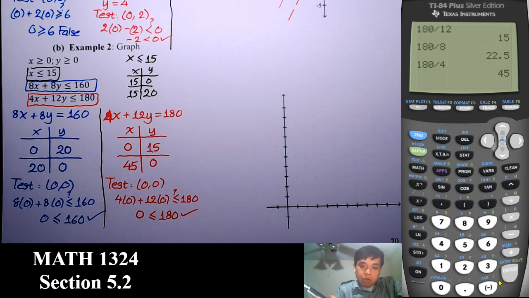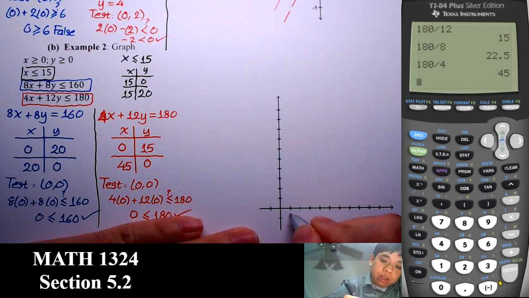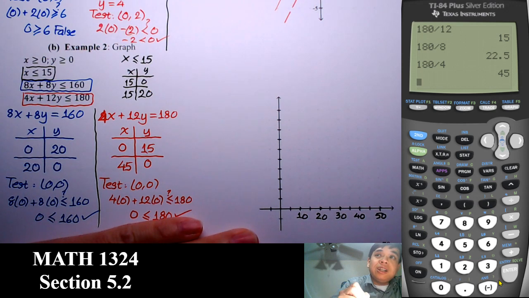Right. So in that case, we have 10 ticks on the horizontal, 10 on the vertical. So if we choose 5 each, that would be good.